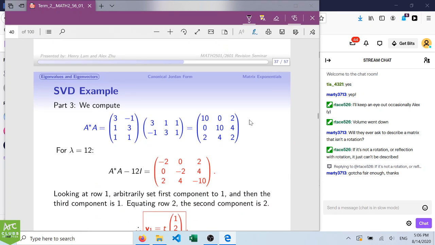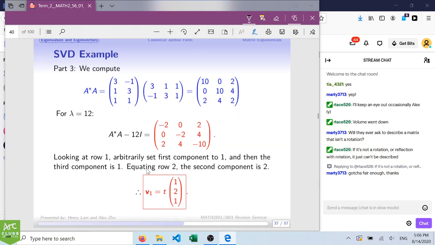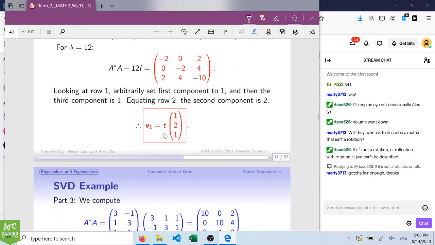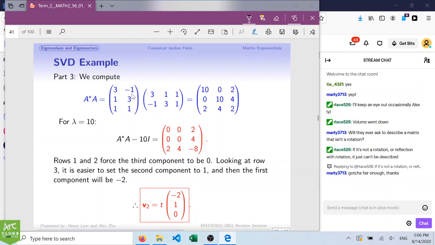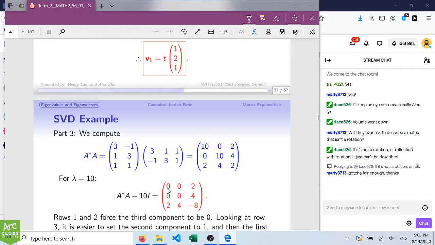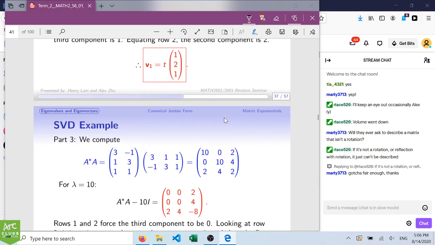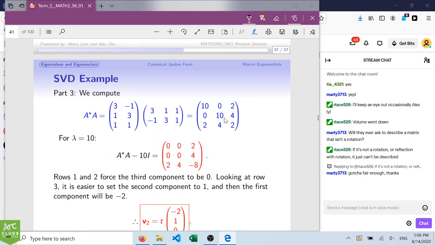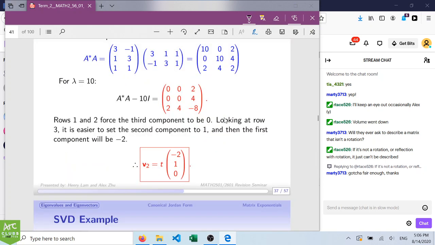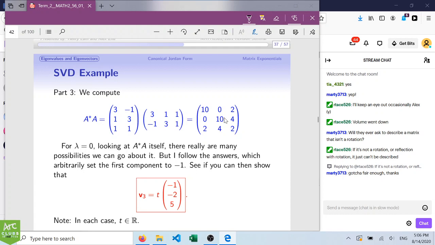A star A will have the exact same eigenvalues, and then just plug it in. We can find the eigenvectors for 12 as well as the eigenvectors for 10. And so we get 2 eigenvectors, but this is a 3 by 3, right? So we need one more eigenvector. Otherwise, it's not complete. And to get that, we just use Gram-Schmidt.